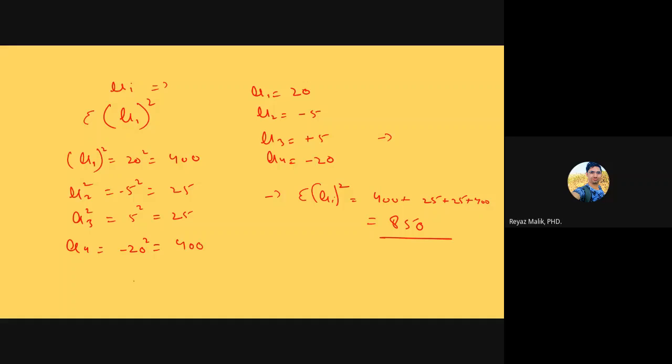The next thing is, if we see the difference between the larger error and the smaller error, it will show the difference.